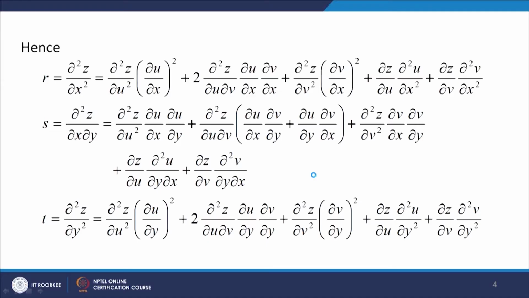So, when we find the second order partial derivatives of z with respect to x and y, we arrive at these expressions. r is equal to this expression, s is equal to this expression, and t is equal to this expression. I will show you how we arrive at the equation for r. Similarly, you can derive the equations for s and t. In the next slide I will show you how we get this.